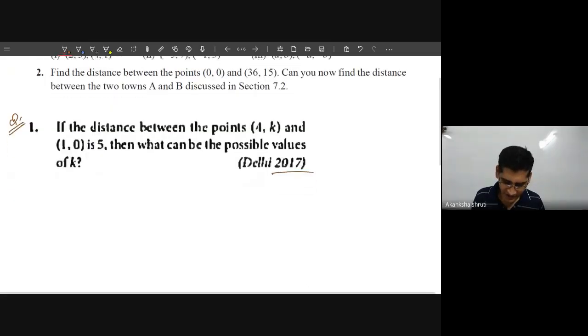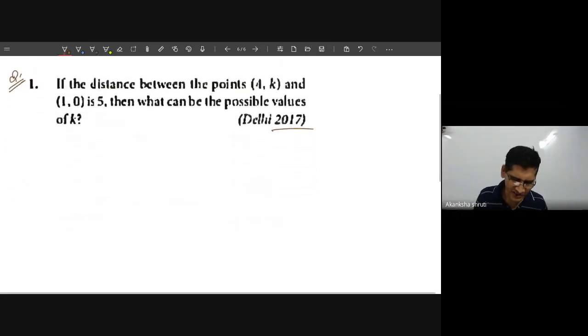Students, see here, for this question the distance between this point and this point is 5, it is given. So whatever is given, you draw the rough diagram. So 2 points, one point is this, another point is this, and it is 5. So you just roughly draw a point.